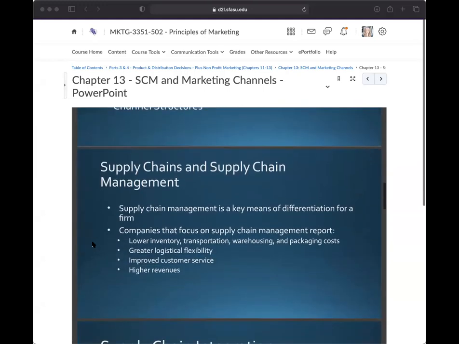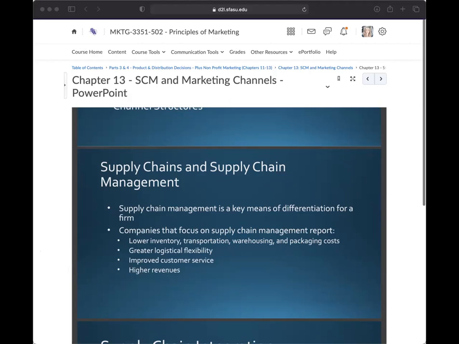So, supply chain management and supply chains, you'll hear in your unit, the fire chief talks about supply chains and how they can get disrupted. But it's important to also understand what supply chains are and what supply chain management is. Supply chains are just like if you think about a chain with little links on it.